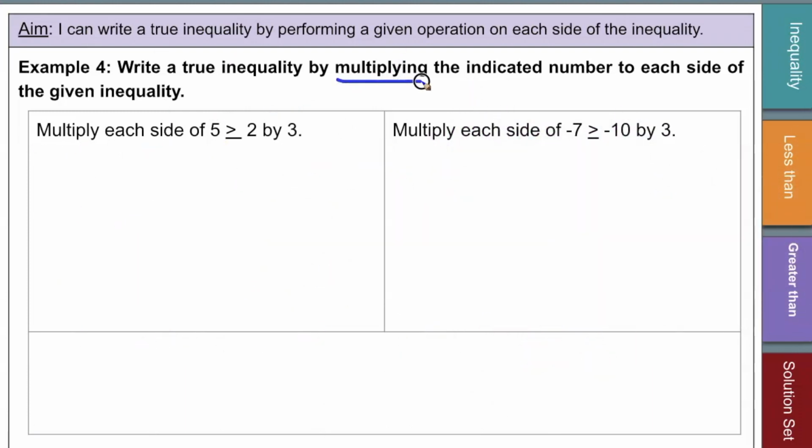This time we are going to learn what will happen when we multiply a positive number to each side of the given inequality.